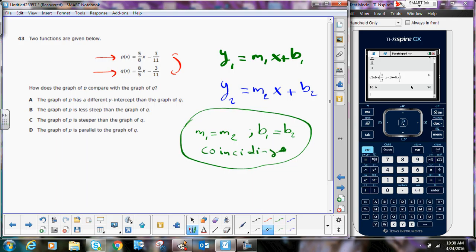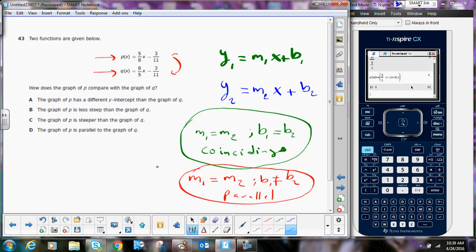Now, if you have the same slope, so your slopes are equal, but the b's are different, so b1 is not equal to b2, so only the slopes are equal, your lines are parallel. They will never intersect. I'm giving you a review about all the cases.